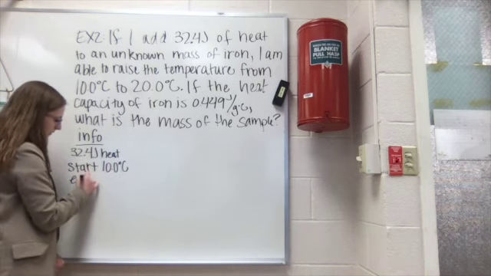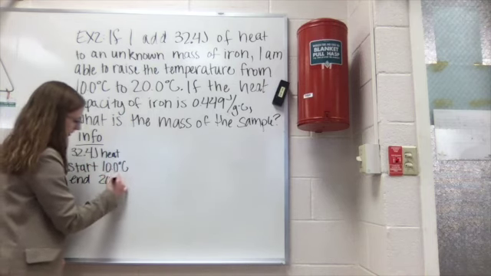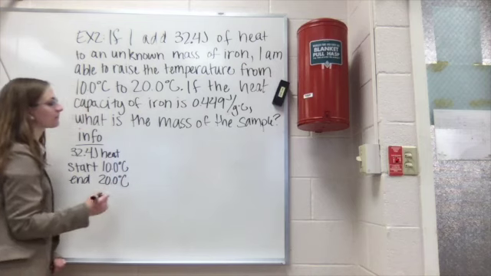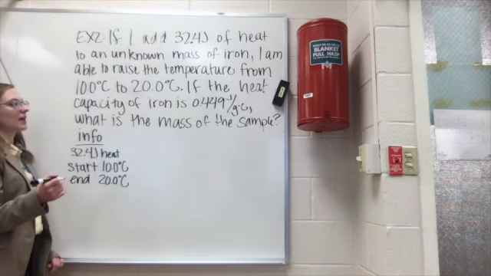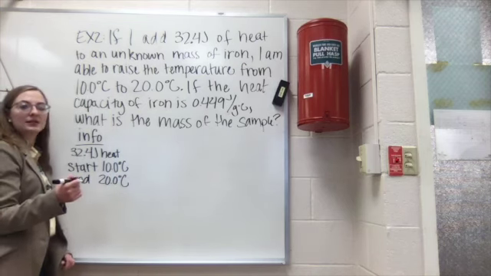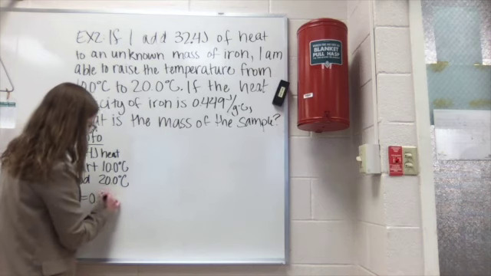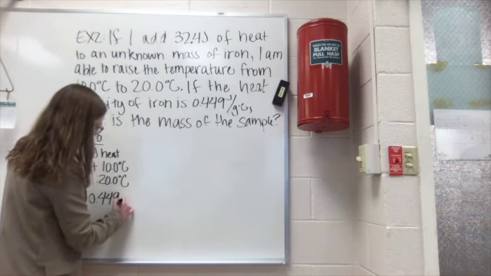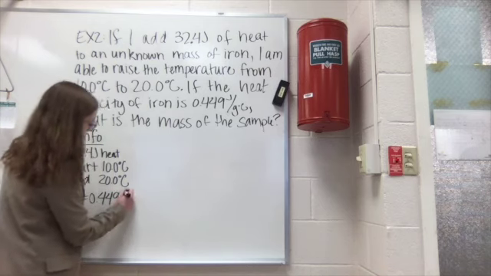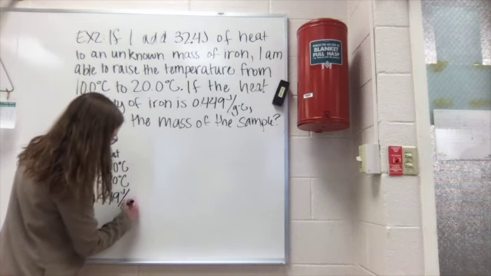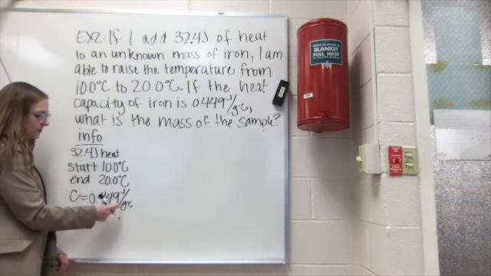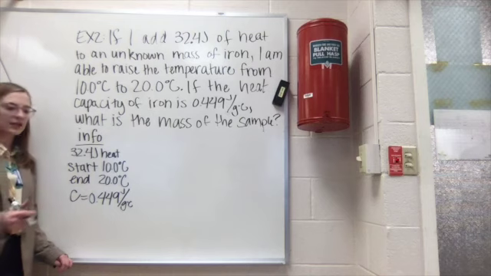My end point for temp is 20.0 degrees Celsius. And then I'm given the specific heat capacity of iron as well. So that would be C for heat capacity equals 0.449, and we're told the units on that are joules per gram degrees Celsius.